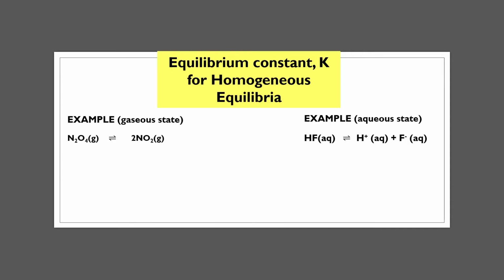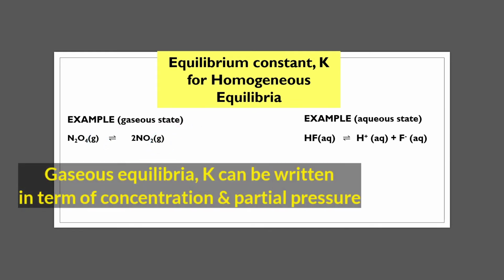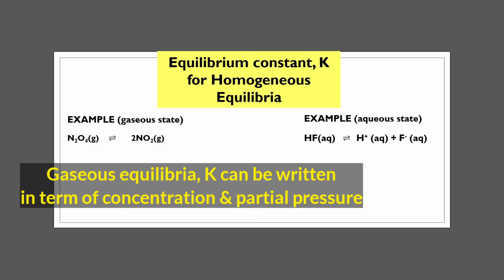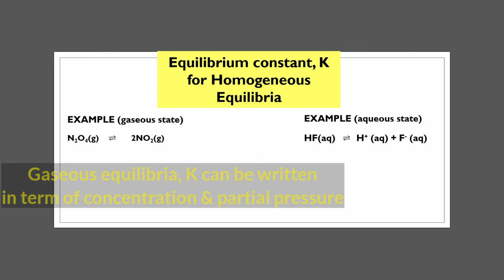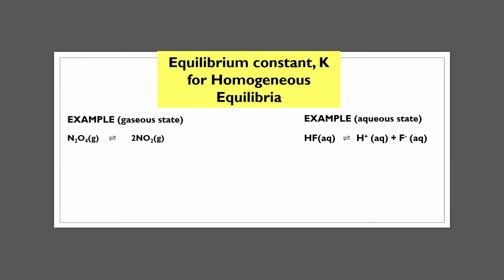How to write the equilibrium constant for homogeneous equilibria? In the first example here, we have a homogeneous equilibrium in the gaseous state. Both the reactants and the products are in the gaseous state. So when we have a gaseous state equilibrium, we can write the equilibrium constant in terms of concentrations and partial pressure. How to write the equilibrium constant?